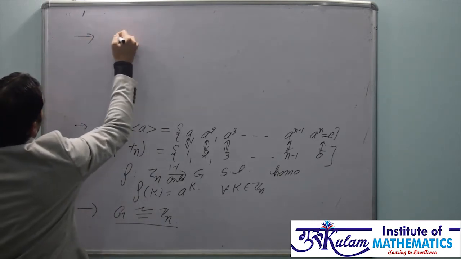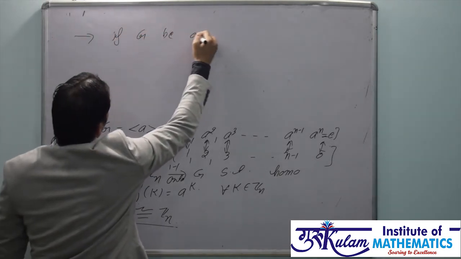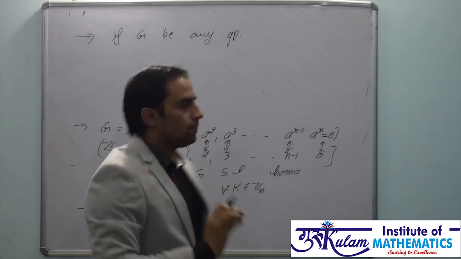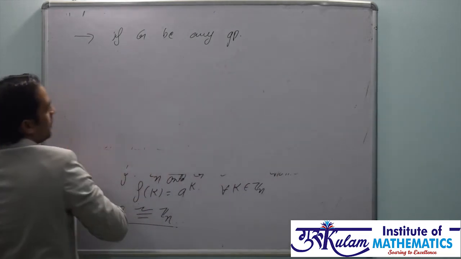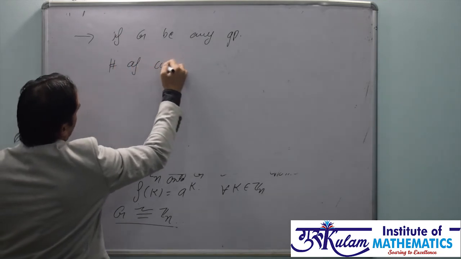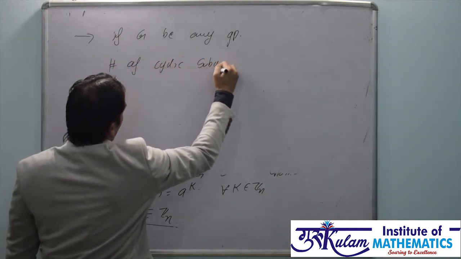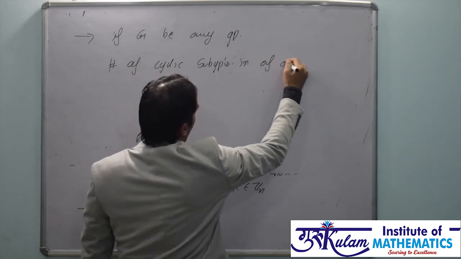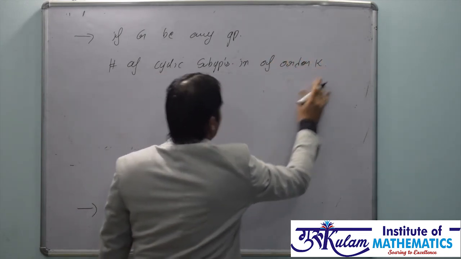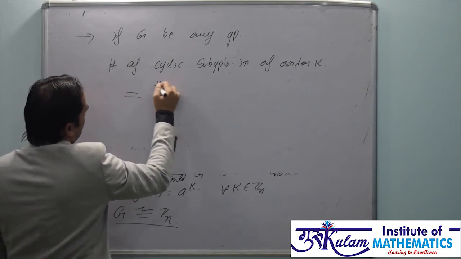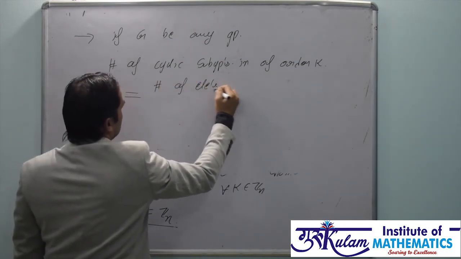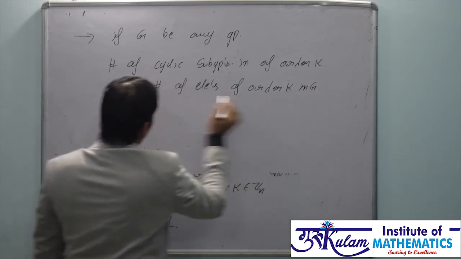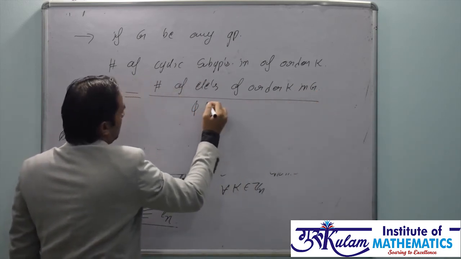If G is any group, here G need not be a cyclic group, and if we want to find the number of cyclic subgroups in G of order k, then this is always the number of elements of order k in G upon phi of k.